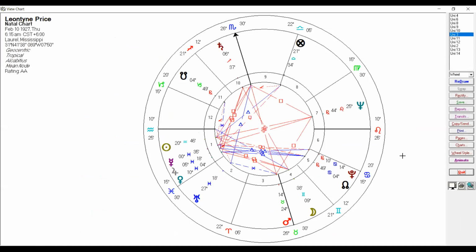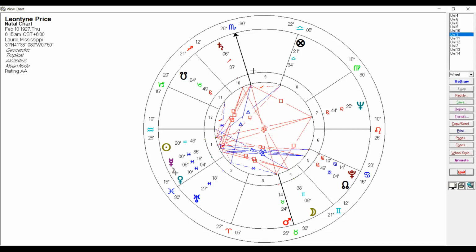It's a nighttime chart, right? The sun is below the horizon. They said by day you look to see if the sun is in an angle, and by night you look to see if the moon or Saturn is in an angle. And look, the moon and Saturn are both in angles.